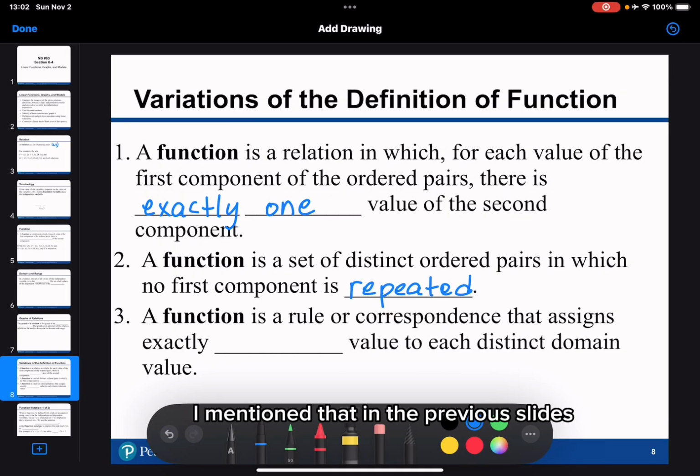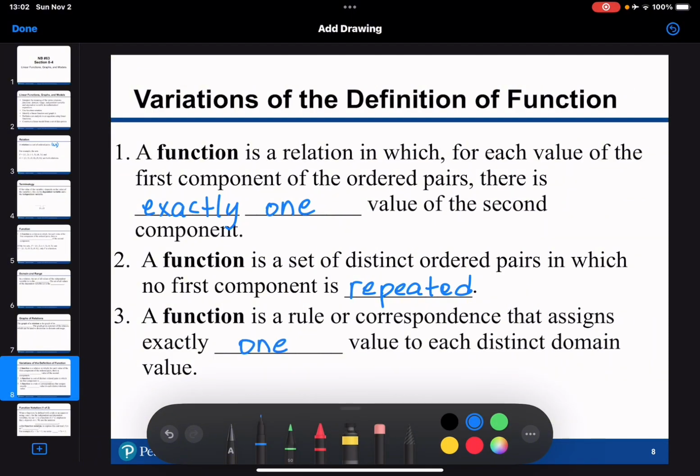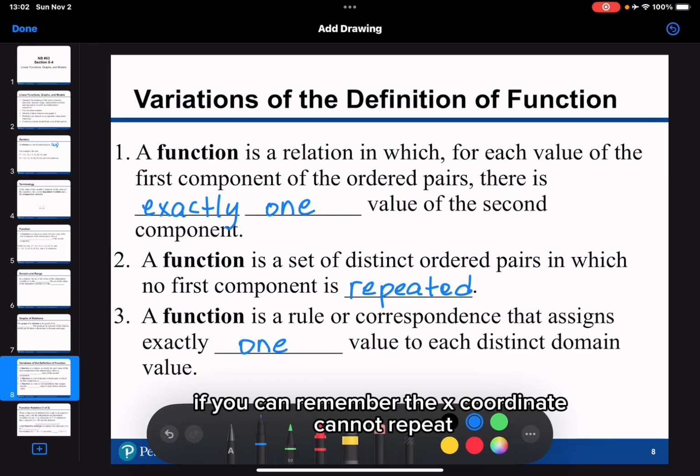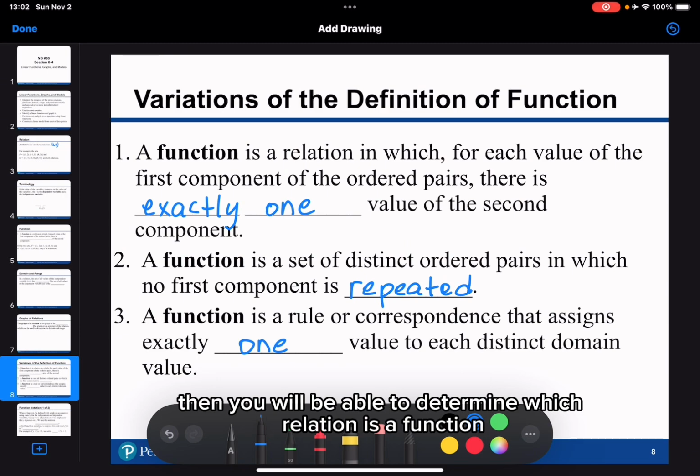I mentioned that in the previous slides. A function is a rule or correspondence that assigns exactly one value to each distinct domain value. So if you can remember the x-coordinate cannot repeat, only the y-coordinate can repeat, then you'll be able to determine which relation is a function.